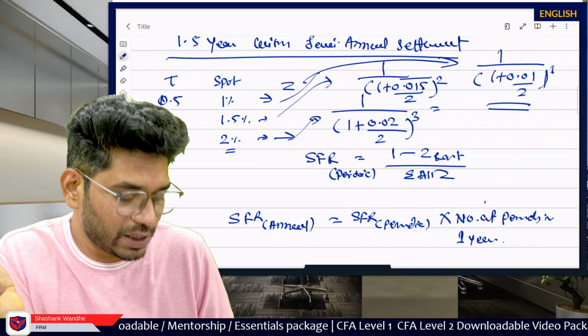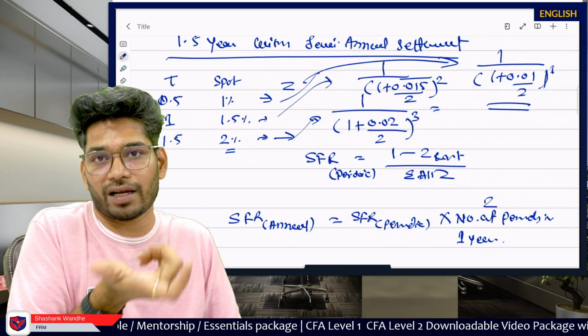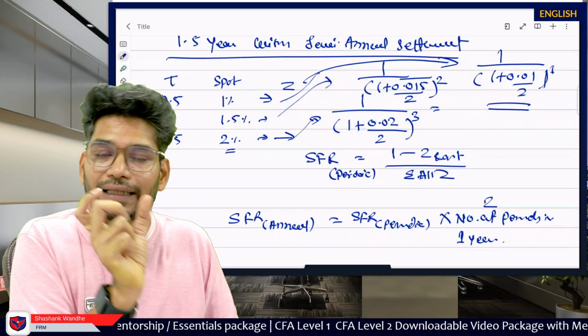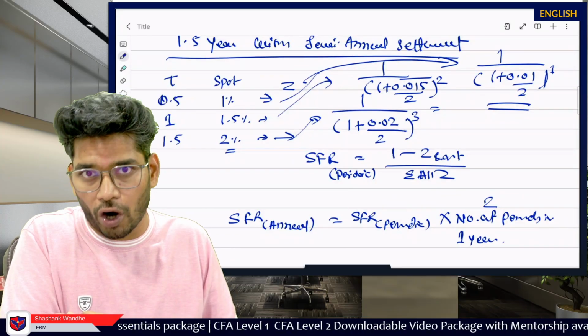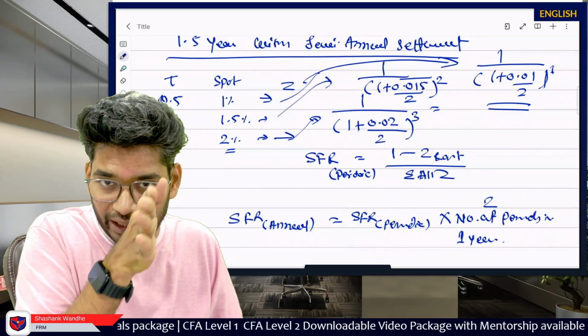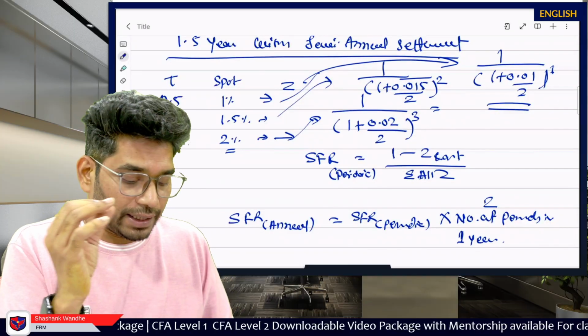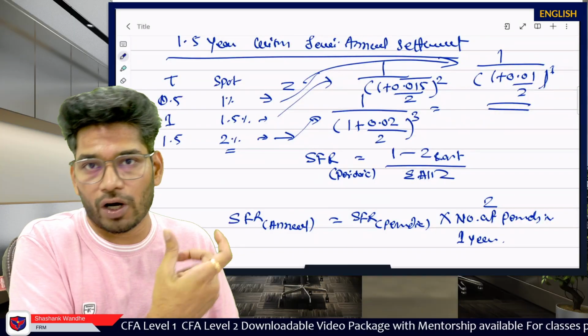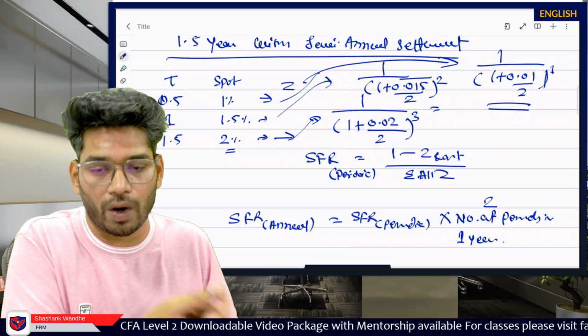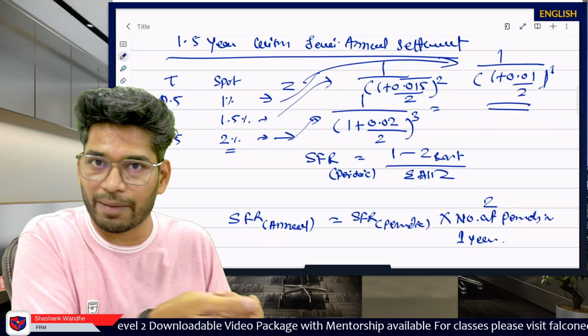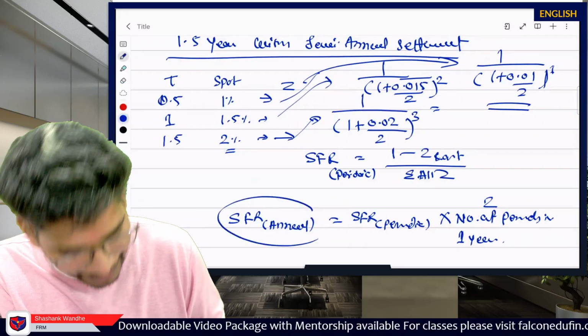So simply in our case, we are taking the semi-annual. So 2 periods are there in the 1 year. If we are taking the quarterly, then there are 4 periods in the 1 year. So you will multiply SFR periodic, which will be the quarterly SFR, which is effectively what you have to pay. And then you have to multiply it with the 4, because in the 1 year, total quarters are 4. So for quarterly payment, SFR quarterly multiplied by 4 to get the SFR annual.